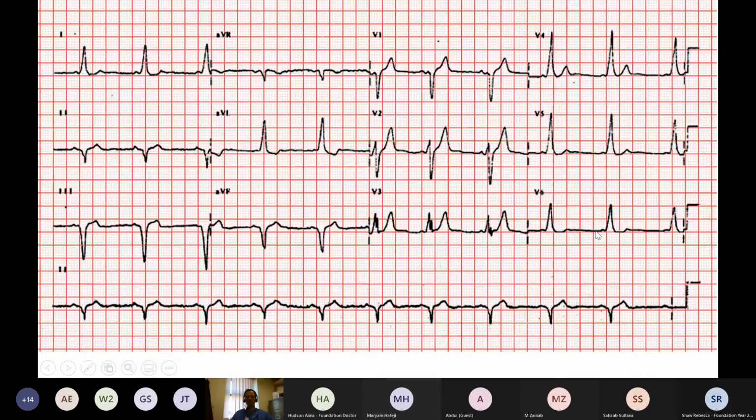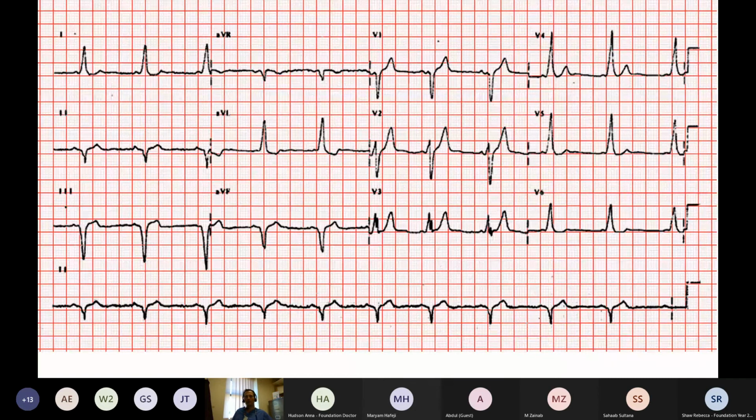So what does this ECG show on the subject of AVRTs? A short PR interval, very good.